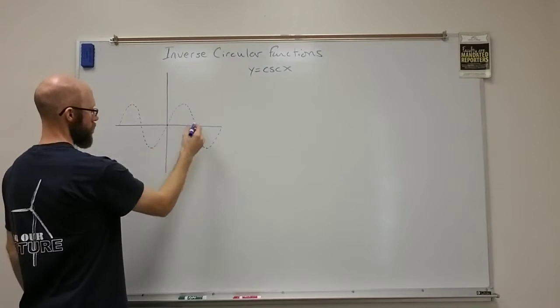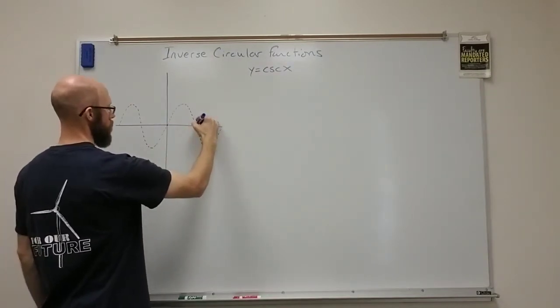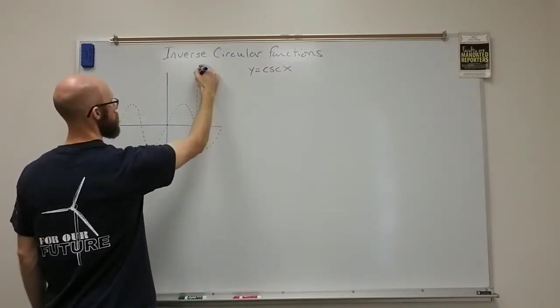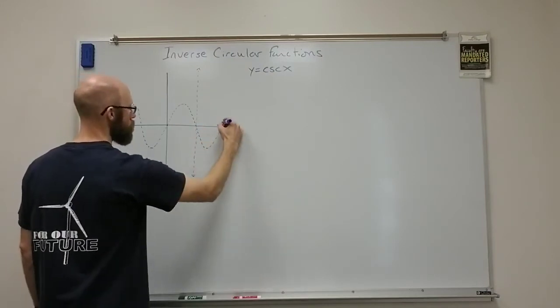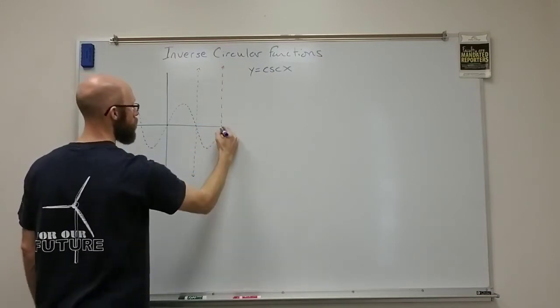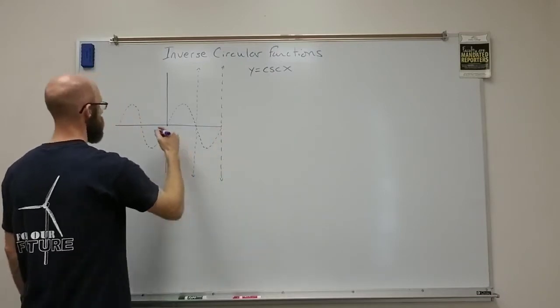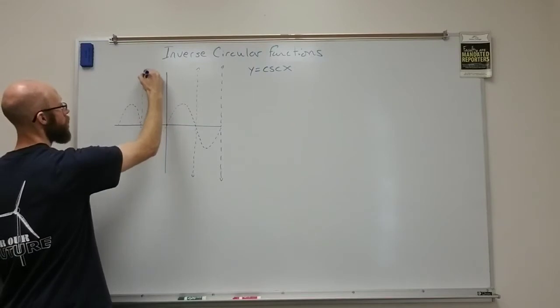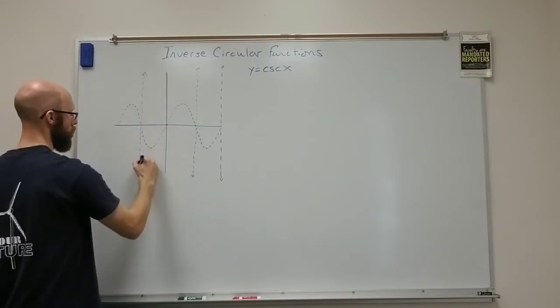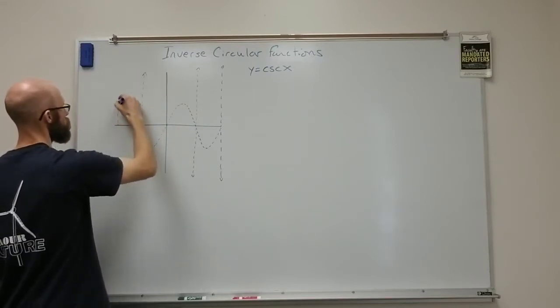Well, the cosecant is the reciprocal of that. So anywhere there's an x-intercept on the sine, you would have a vertical asymptote on the cosecant. So it'd be at pi, and at 2 pi, and at 0, and at negative pi, and at negative 2 pi.